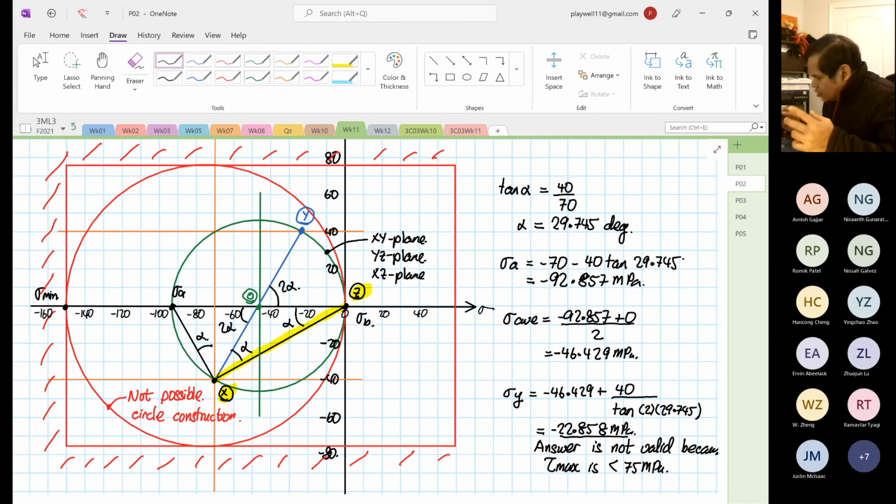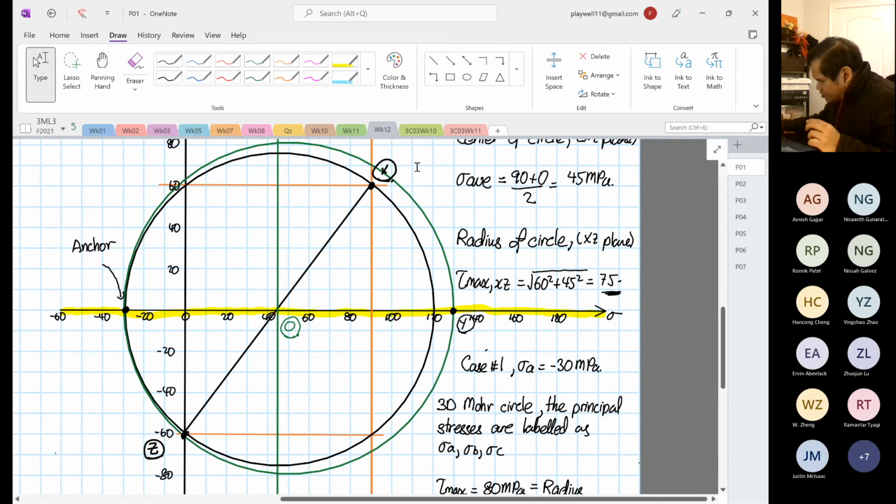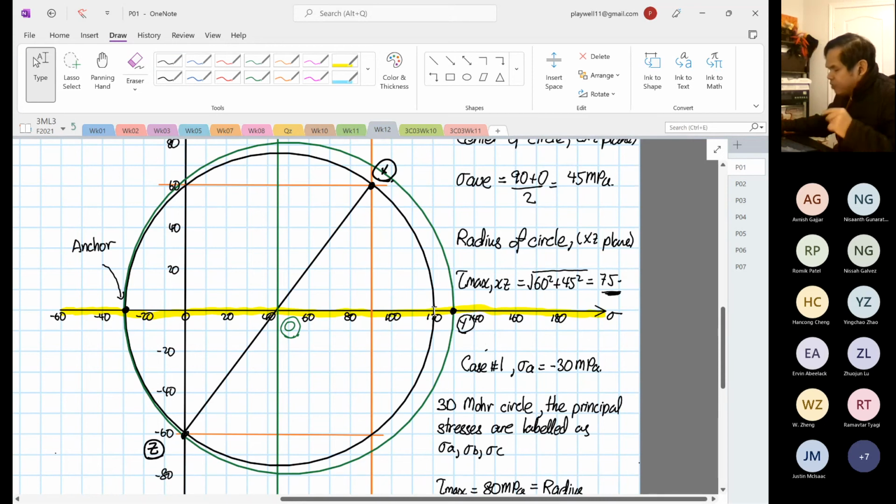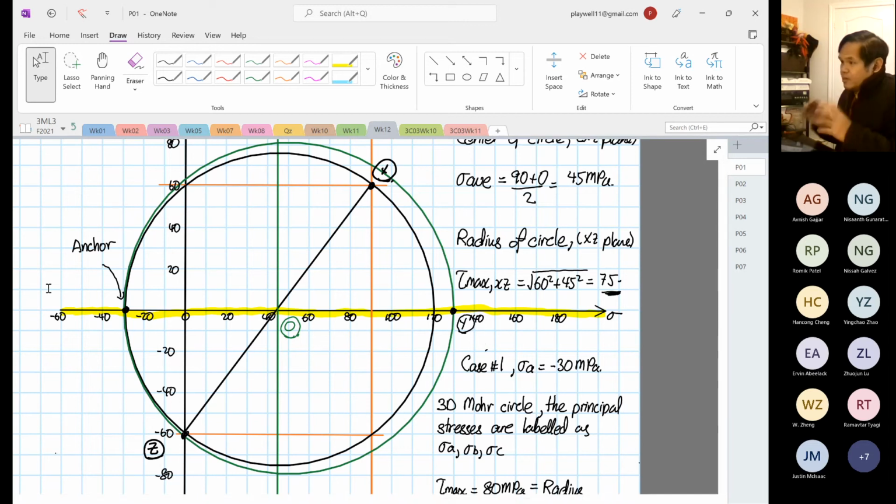If this question did not say that the maximum shearing stress has to meet 80 megapascal, then it is possible that 120 is the value for stress Y, and minus 30 is your stress Y value. But for this case, we have to meet the condition. That is one reason.